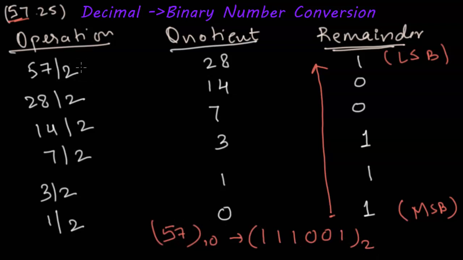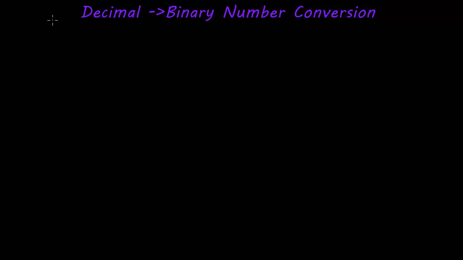Now moving to the fraction part, that is the 0.25 part of the number. According to the rule, we have to multiply by 2. So let's understand this. We have 0.25. We are going to be multiplying this by 2.